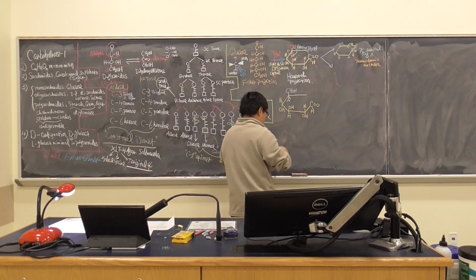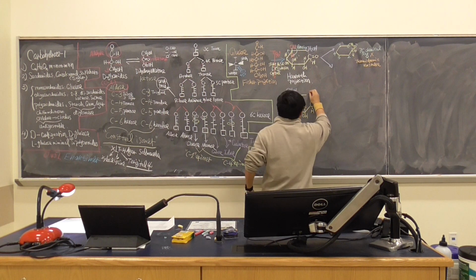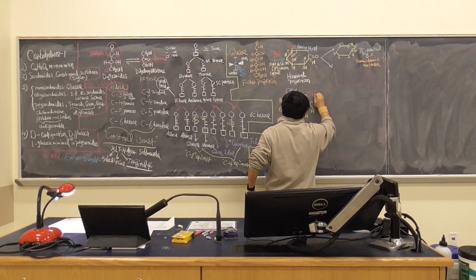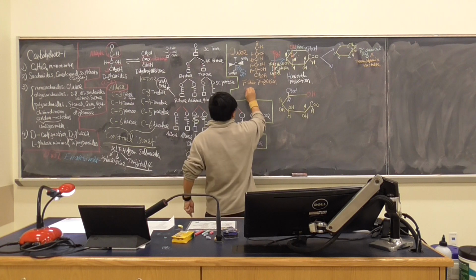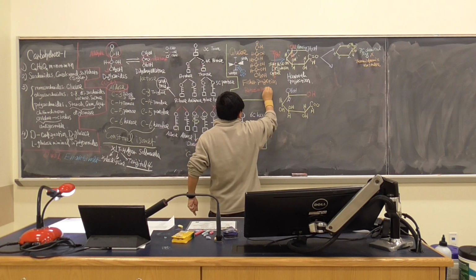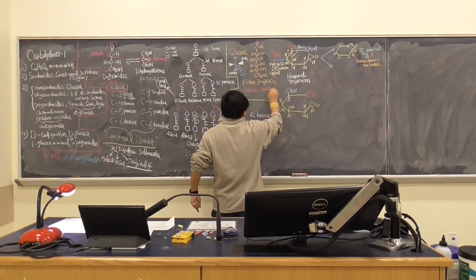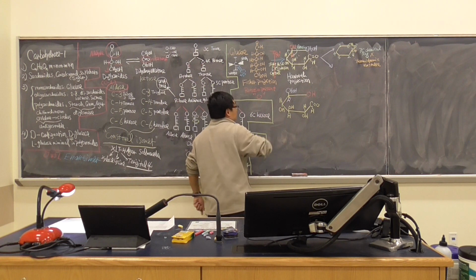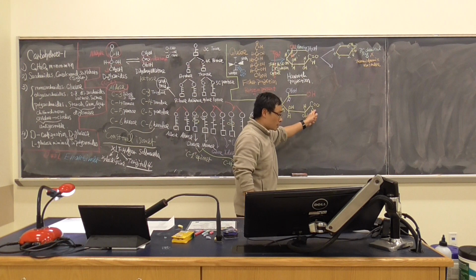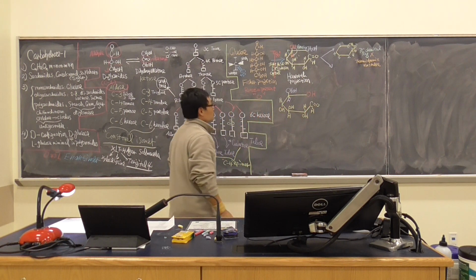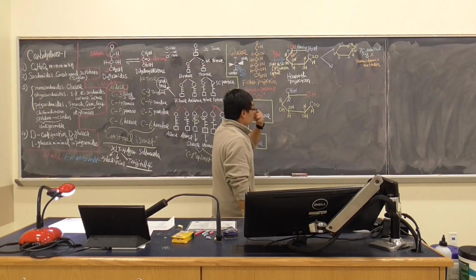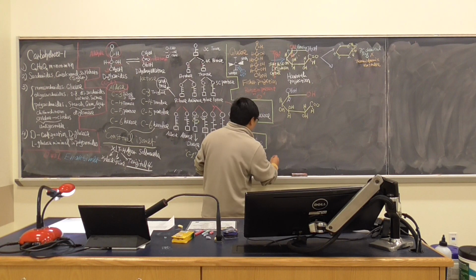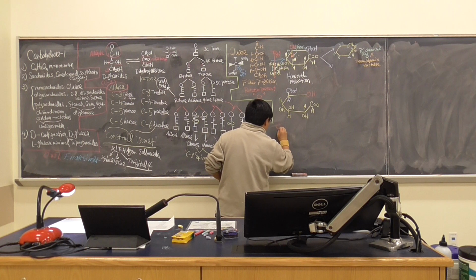And this OH goes here, which means this rotation presents the oxygen atom to the aldehyde group. Now there's something going to happen. This is what we talked about before.